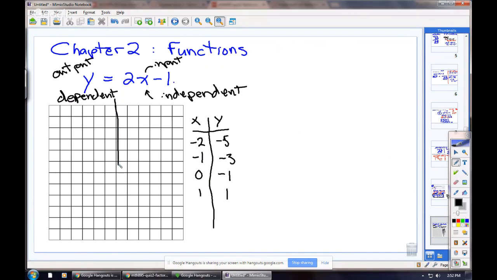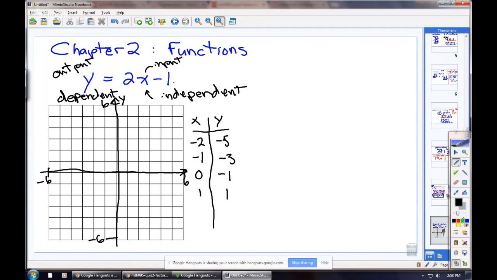So let's see, this is my shaky y-axis, and here's my shaky x-axis. Let's say 1, 2, 3, 4, 5, and 6 way out here. 1, 2, 3, 4, 5, and -6 out here. I'm assuming it goes the same the other way. Y-axis, 6 and -6.